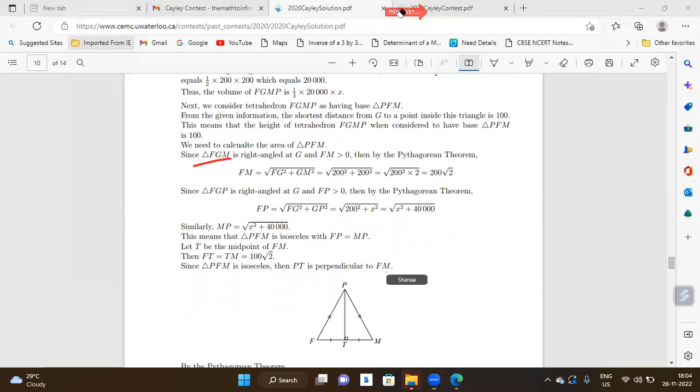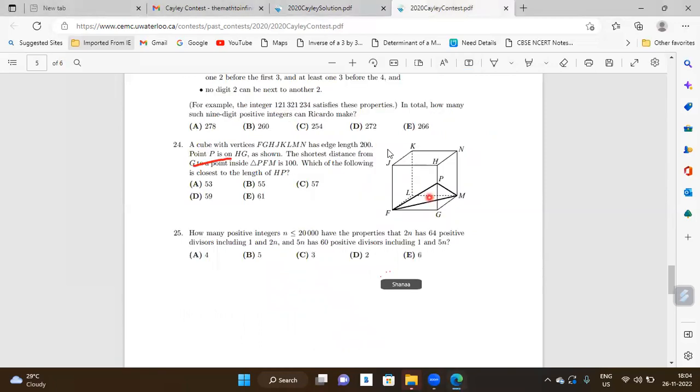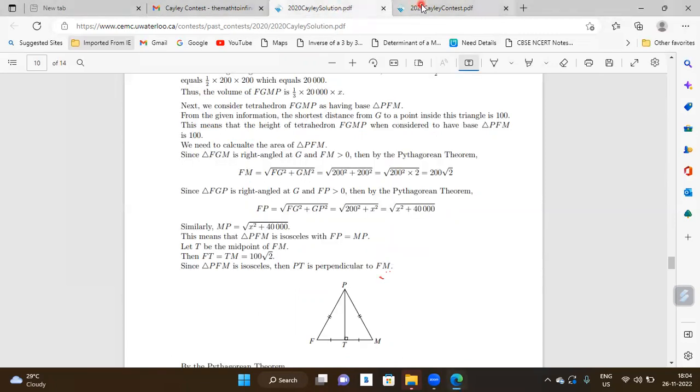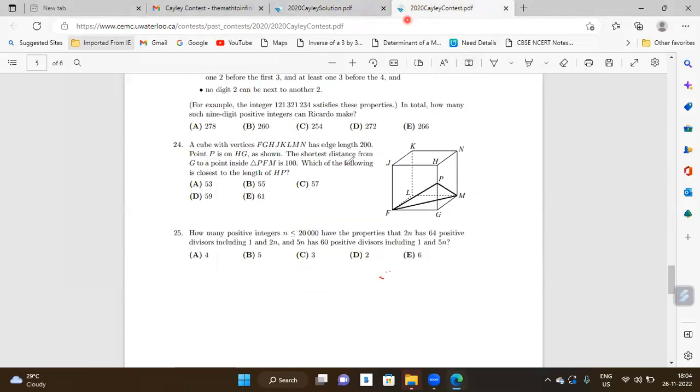This is FGM. And you have FGP. So FGP is this. You can see it, right? Here you have a right angle triangle.